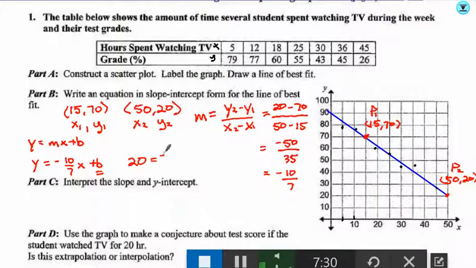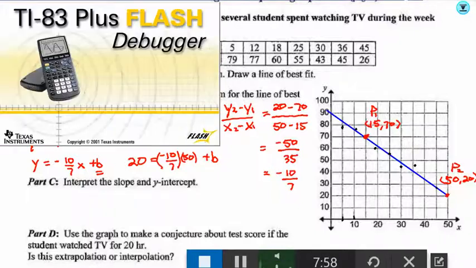So now I have negative 10/7 times 50, and I'm going to find b. So let's see, negative 10/7 times 50. So if I grab my calculator here real quick, just a sec, we'll get that going.